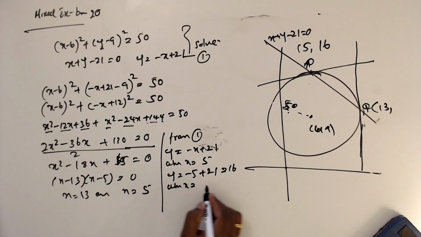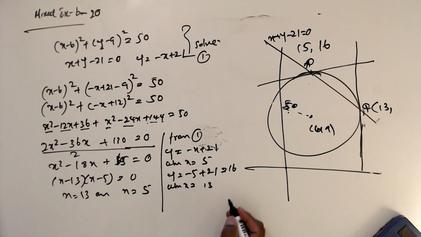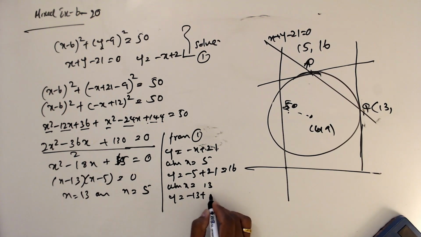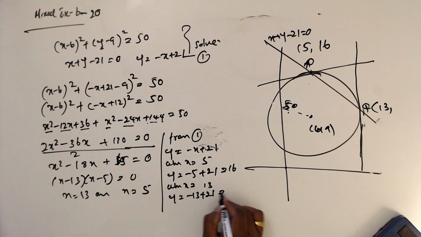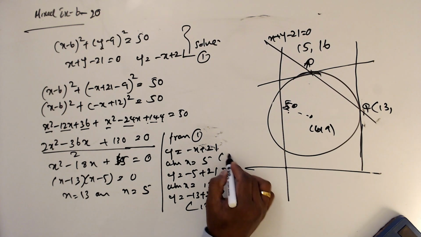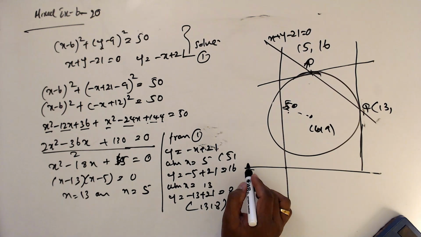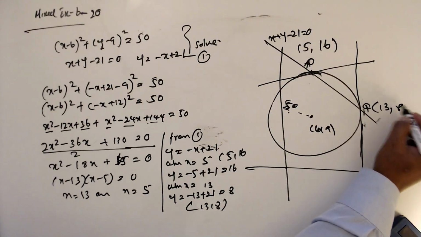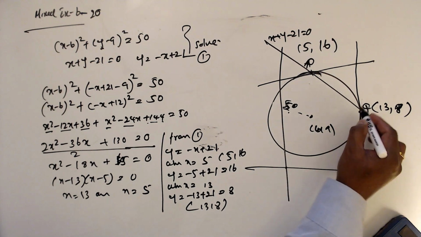When x equals 13, y equals minus 13 plus 21, which is 8. So this is (13, 8). So P is (5, 16) and Q is (13, 8). Now we know P and Q.